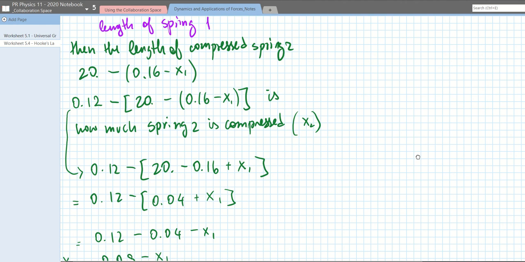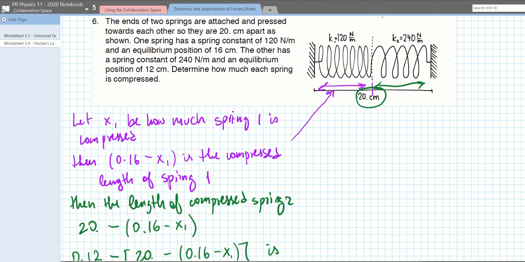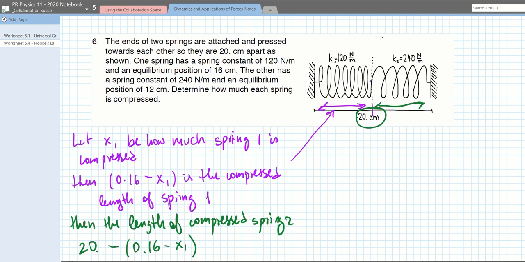Now in this case, we're going to take our diagram here and introduce a point particle, which is basically a massless point. But it will help us set up the f-net equation. So let's make a free body diagram of this massless particle. Here's our particle, and we have only two forces acting on it.